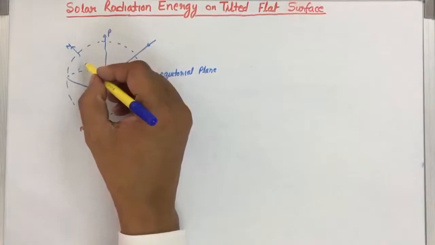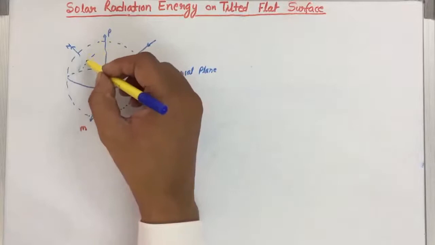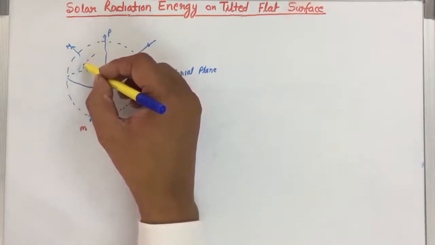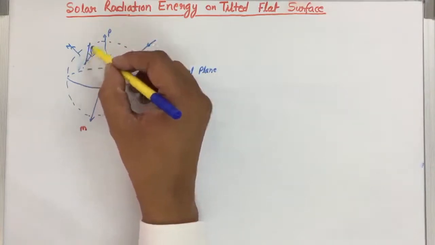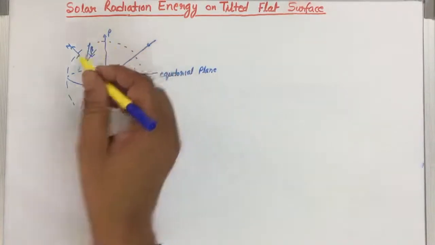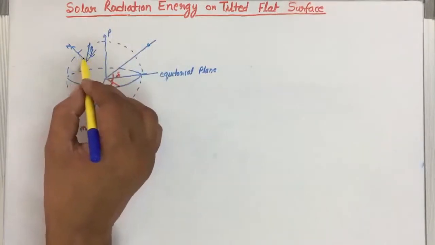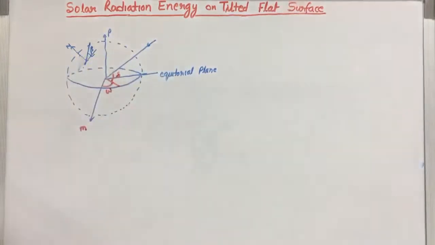When we redraw, we'll find that previously it was like that. Now it is tilted with angle beta, and this was the old one.